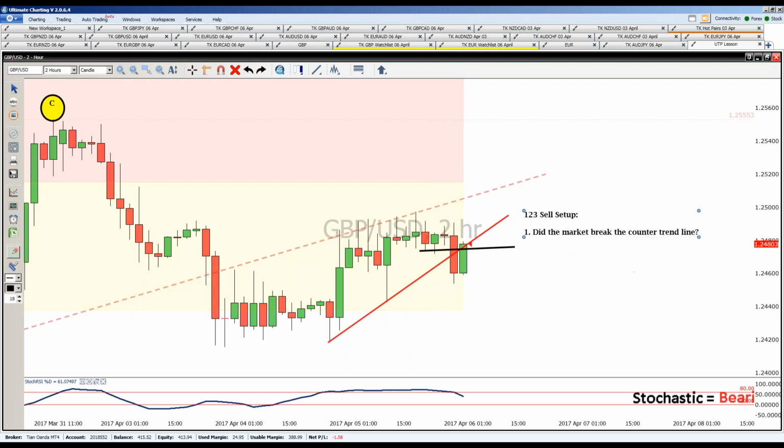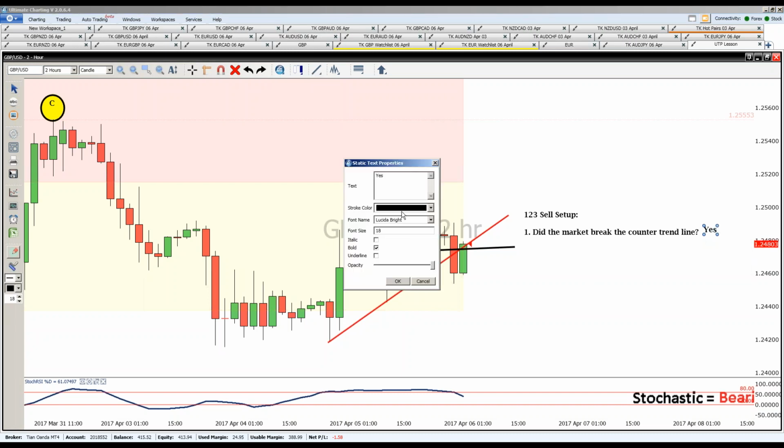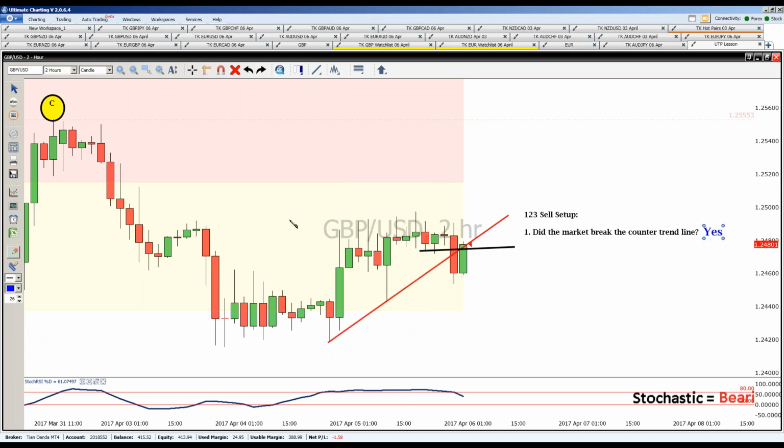Yes or no? Now focus on this counter trend line over here. Did the market break the counter trend line? Yes, it did. So the answer to that is a resounding yes. The market broke that counter trend line. Let's change that color. Let's make it blue. Yes, the market did.